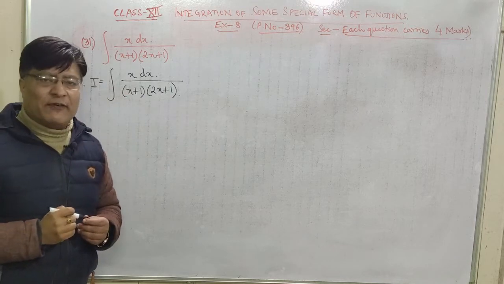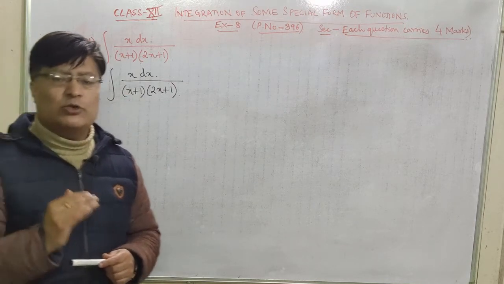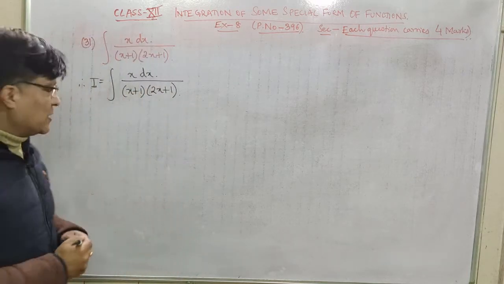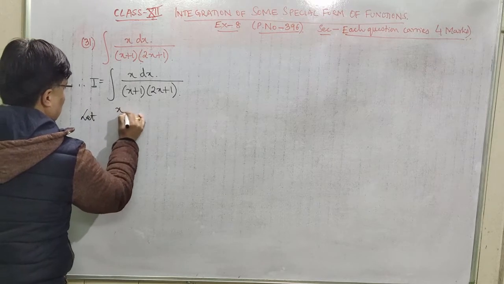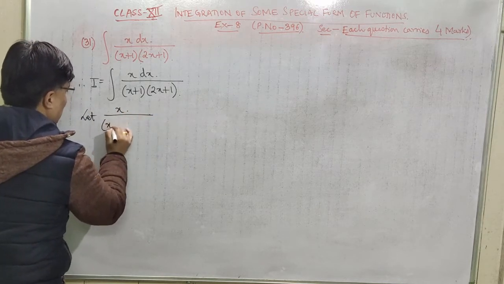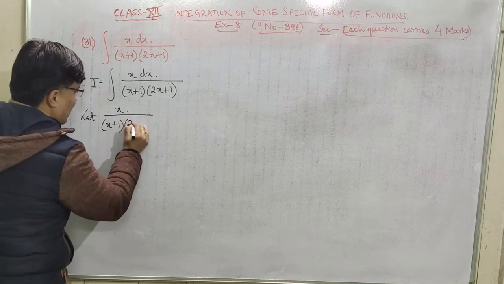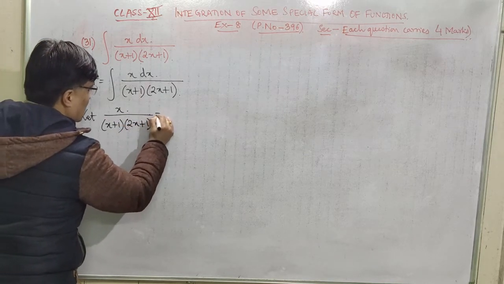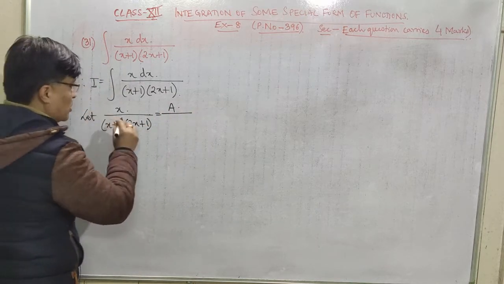Let us convert x upon x plus 1 into 2x plus 1 in terms of partial fraction. Let x upon x plus 1 into 2x plus 1 be equal to some constant, capital A, divided by the first factor, x plus 1, plus another constant, capital B, divided by the other factor, 2x plus 1.